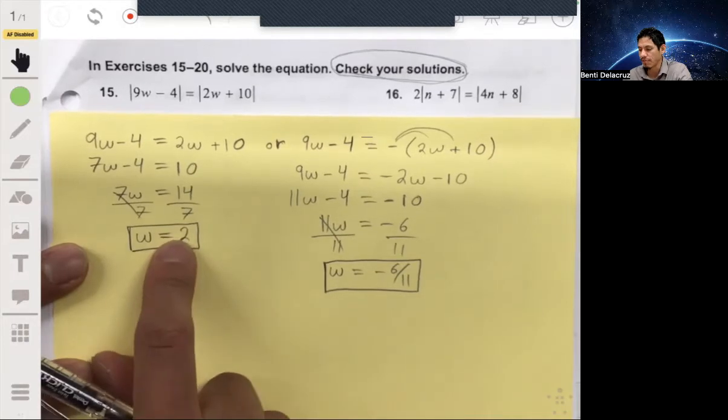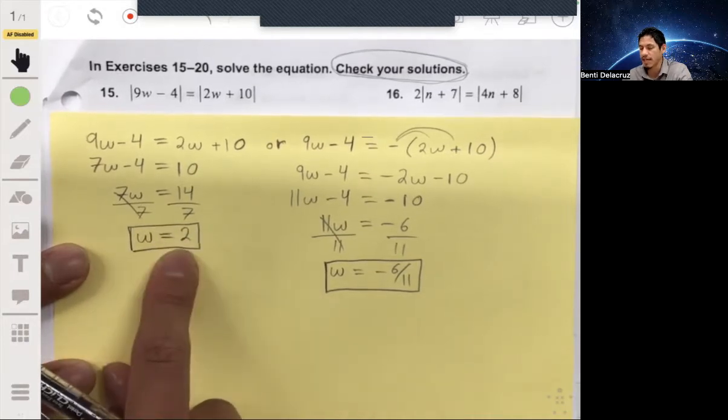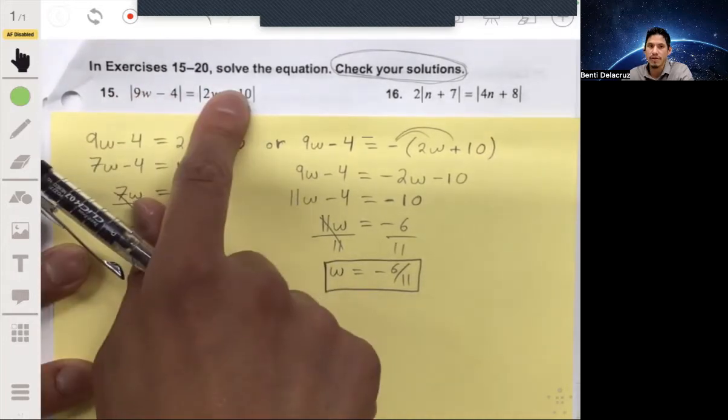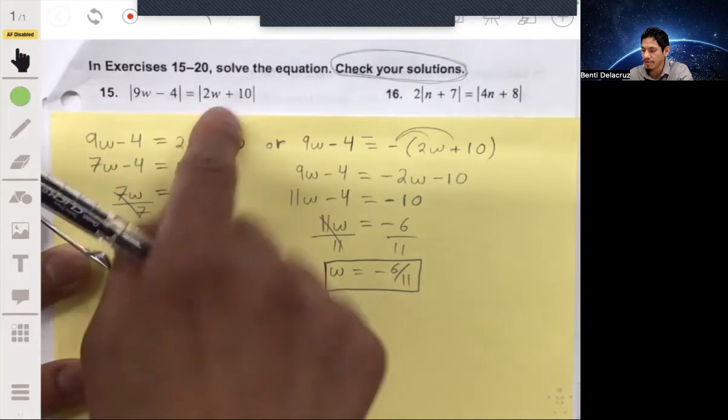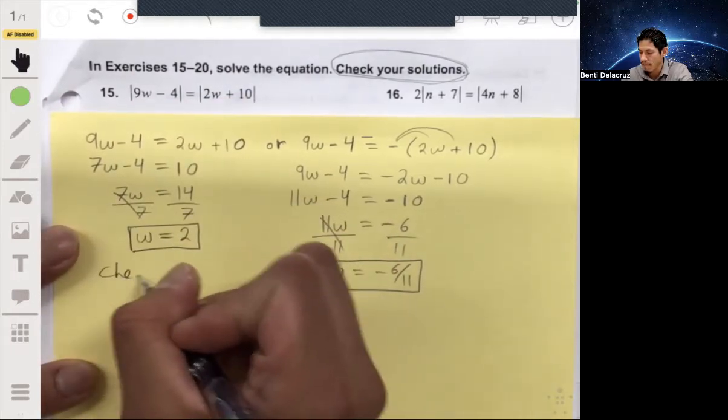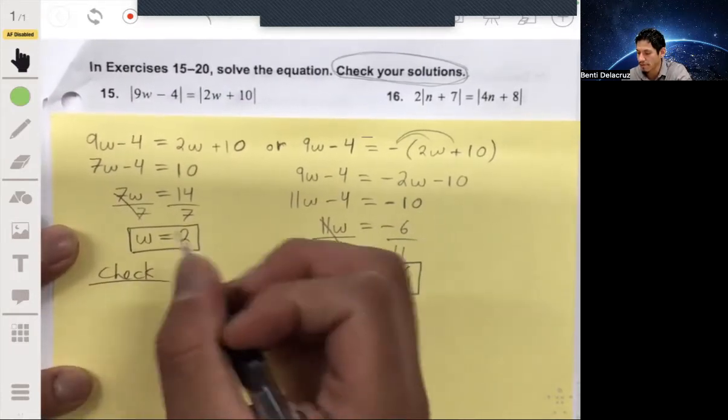So let's start off with w equals 2. So when you check, you plug this into the original equation. Don't plug it into here. Plug it into this. So I'm going to check that w equals 2 works.